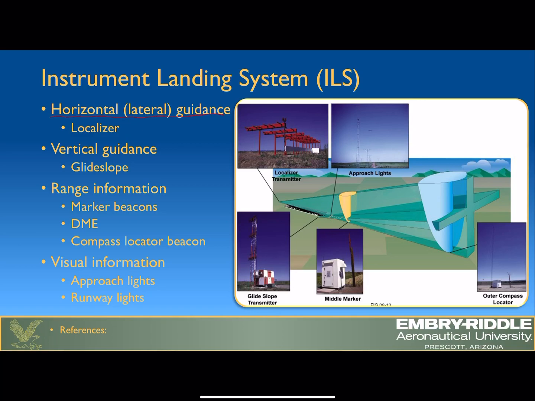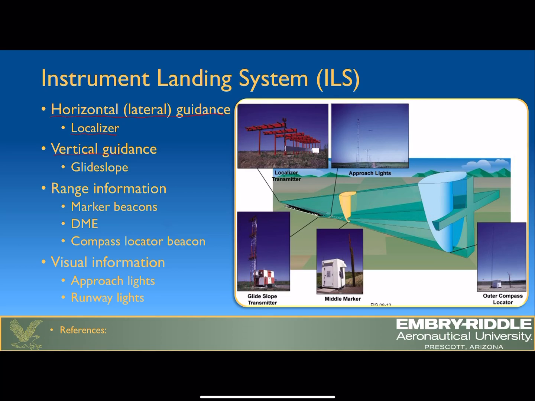For the horizontal guidance, the lateral guidance, we have a localizer. The localizer, as we'll look at in a minute, shoots off two radio signals in the horizontal direction. This is what helps us horizontally or laterally align with the runway. So we are going to use the localizer to align with the runway, hopefully get us directly on centerline.